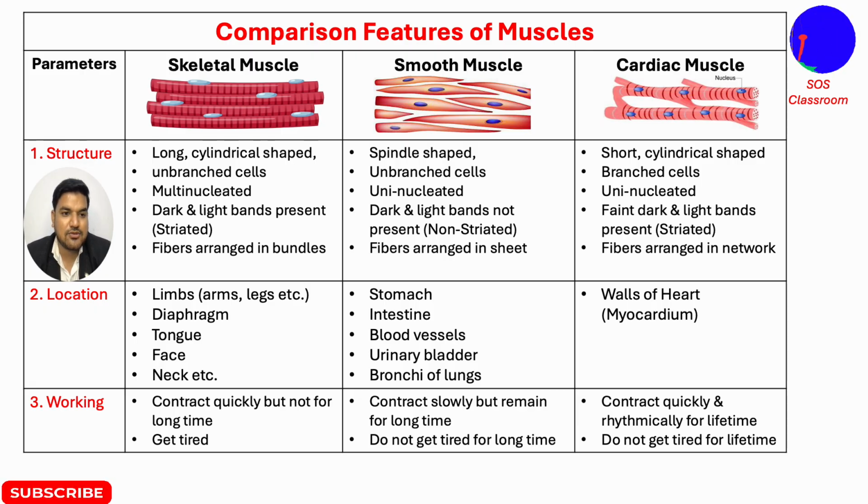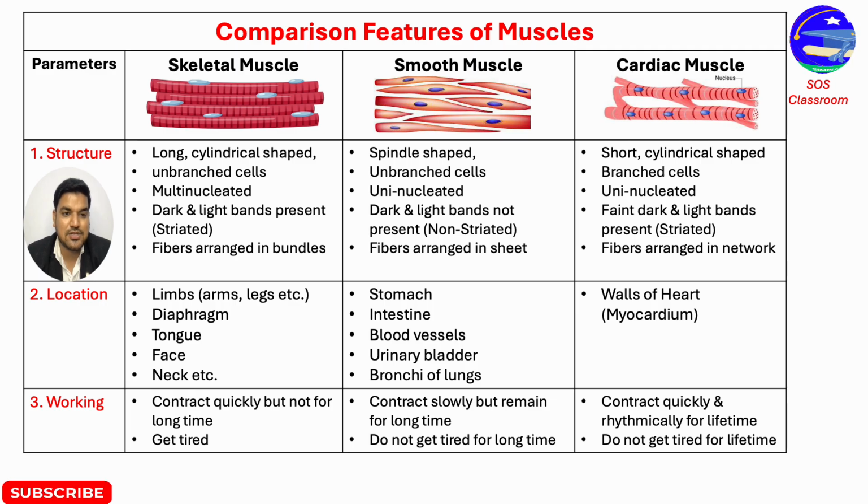Next, comparison based on the locations. So skeletal muscles are present in the limbs, that is arms, legs, diaphragm, tongue, face, and neck. Skeletal muscles are voluntary, but the diaphragm is an exception. The diaphragm is involuntary but comes under the skeletal muscles.